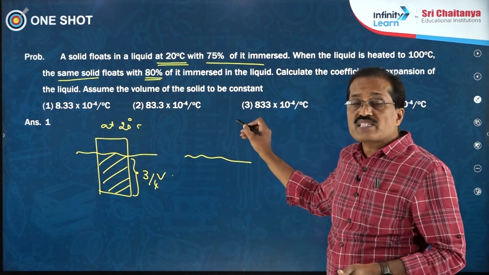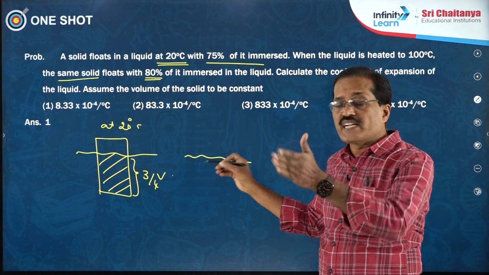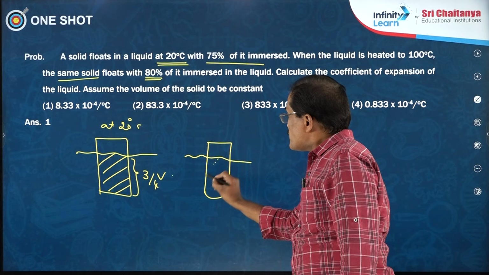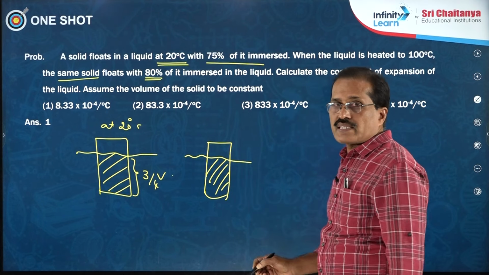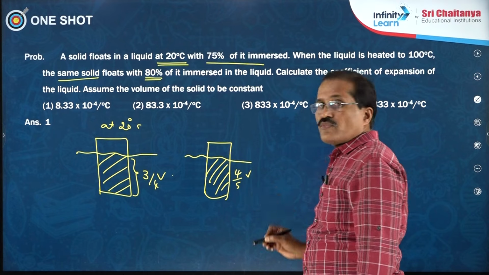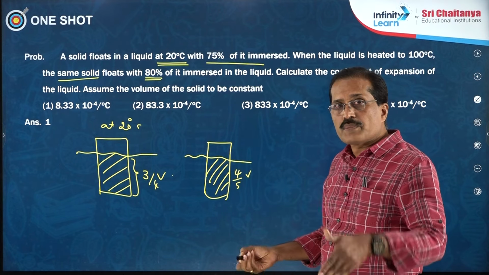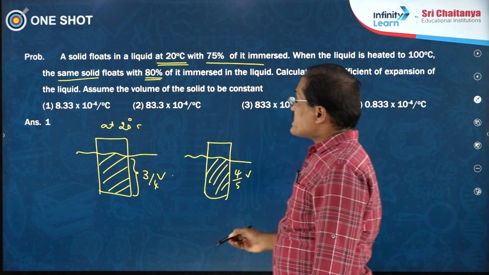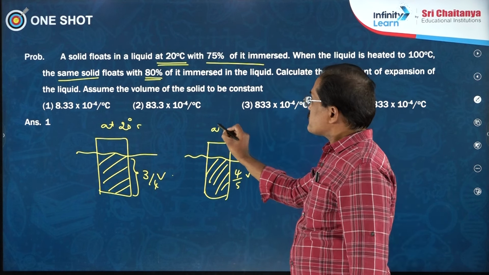That is the reason the fraction immersed increases from 75 to 80. Now the fraction immersed, 80%, is equal to 4/5 of the total volume. Only 1/5 is outside, that is 20% is outside at 100 degrees Celsius.